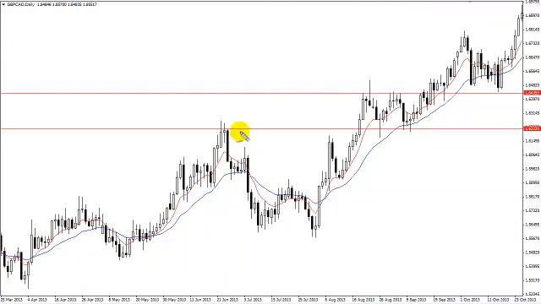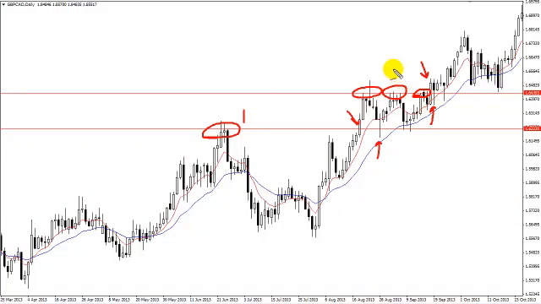So the last one we had 1 touch off of this level, we broke through it, and then formed the pin bar. So we had 1 touch on this level. Over here we had 3 touches, we broke through, and then formed a pin bar.